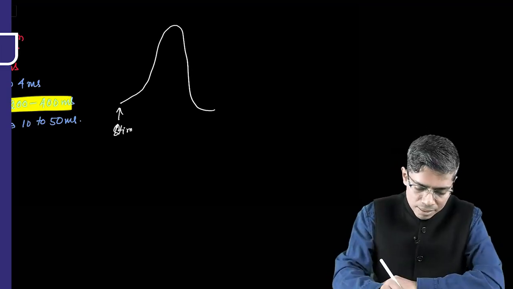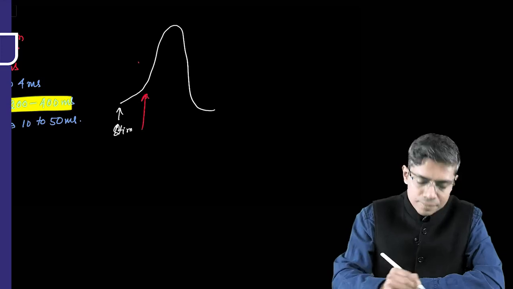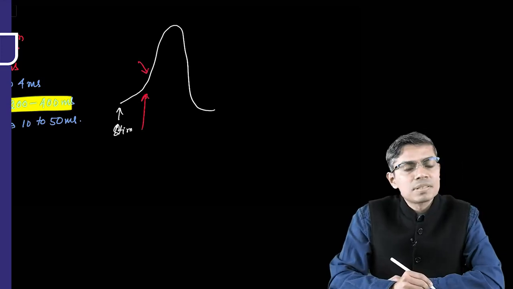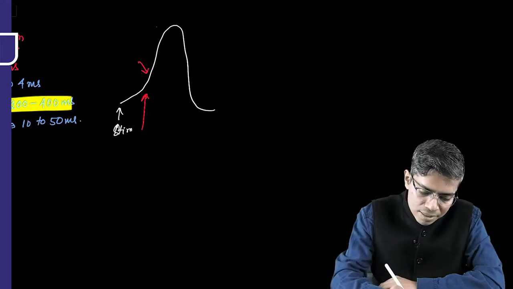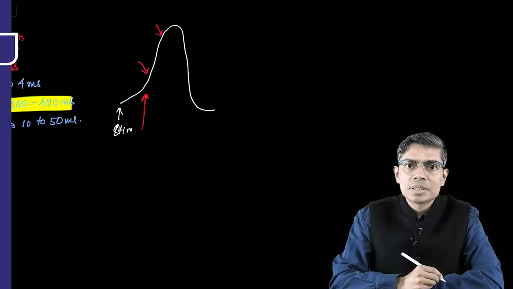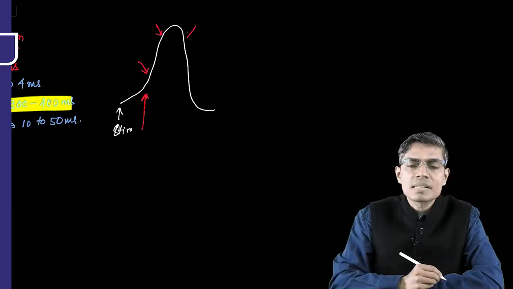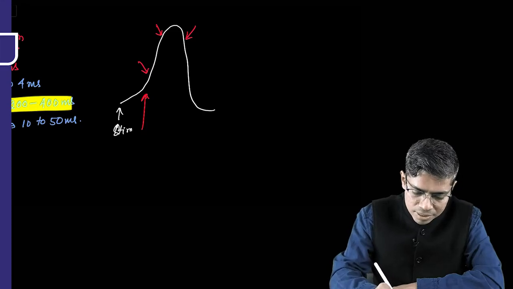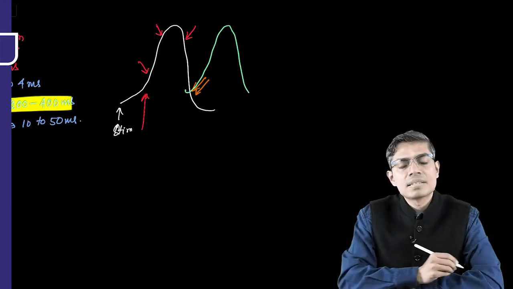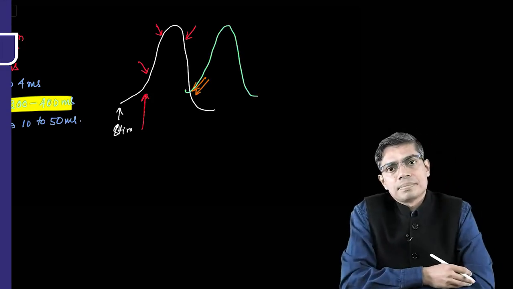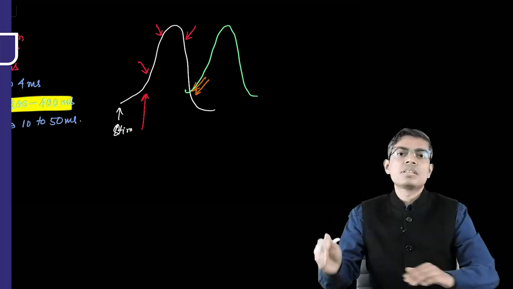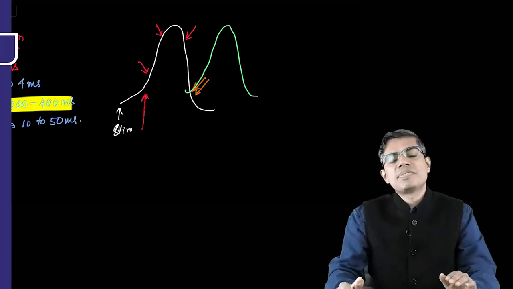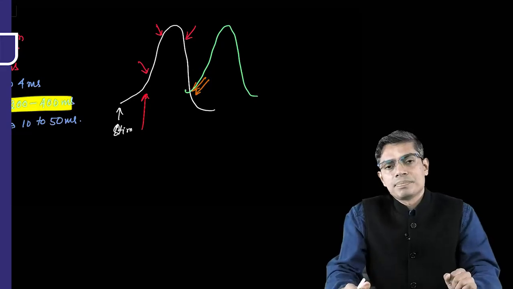If I give another stimulation at this point, can I get a second action potential? Answer is no. If I give a second stimulus here, can I get a second action potential? Answer is no. But if I give a second stimulus here, then I may get a second action potential at this region, right? So based on this concept, the concept of refractory period has been developed.